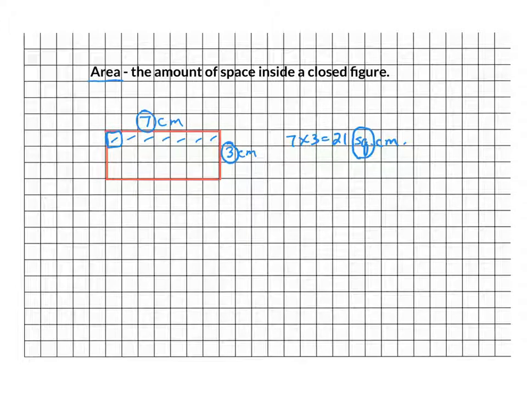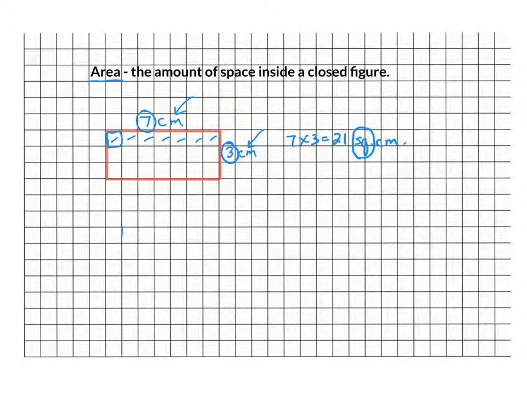It's going to be square centimeters or square feet or square miles. It just depends upon what label is used for the distance of those different sides. So the easy way is just to multiply the length times the width when you have a rectangle, or if you have a square. I'm going to draw a square here.